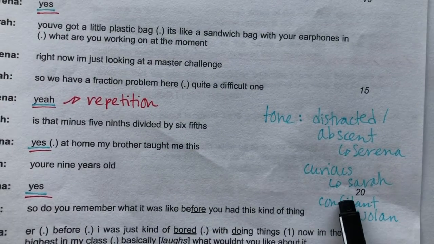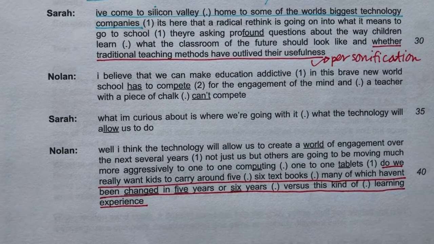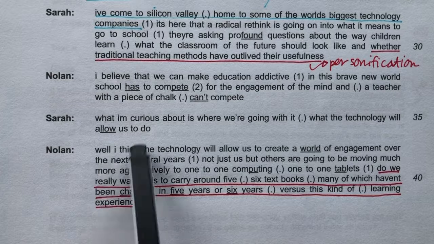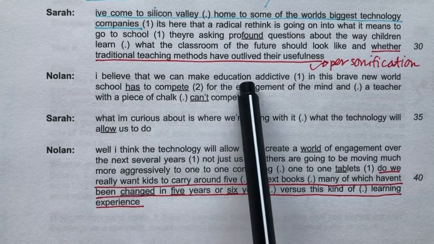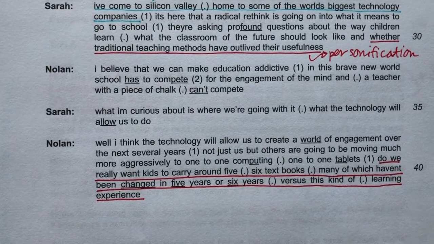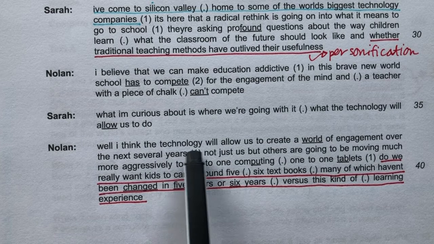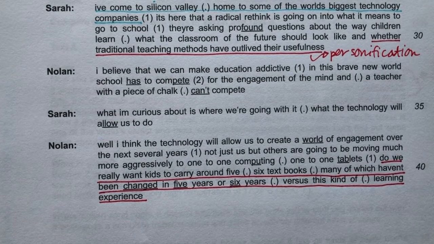Nolan, we have confidence. And what makes me say so is he uses words like I believe that we can make education addictive, okay? And he also says, well, I think the technology will allow us. So he's very assertive with the way that he speaks.